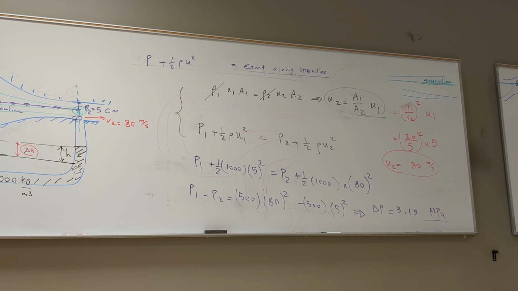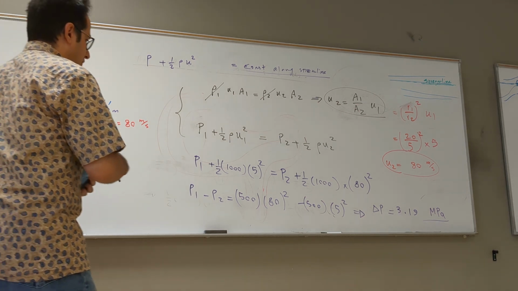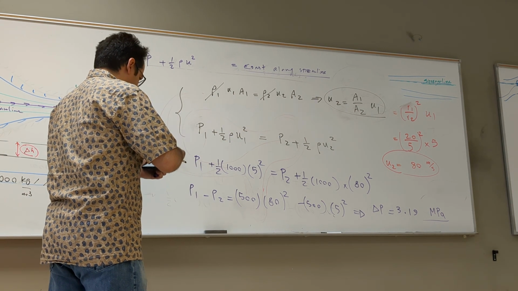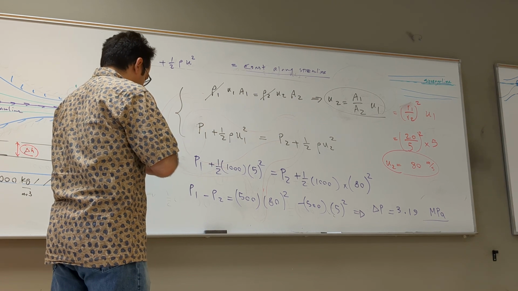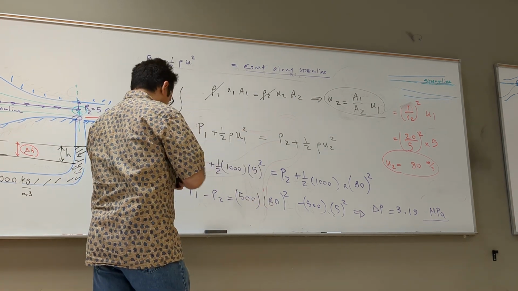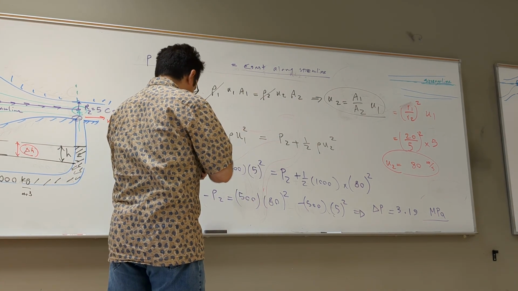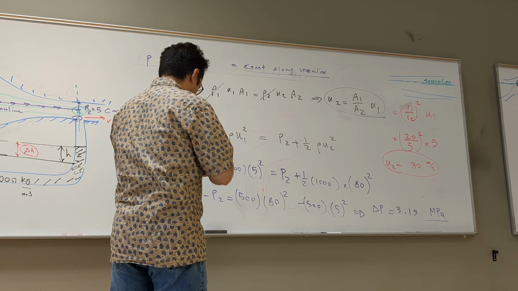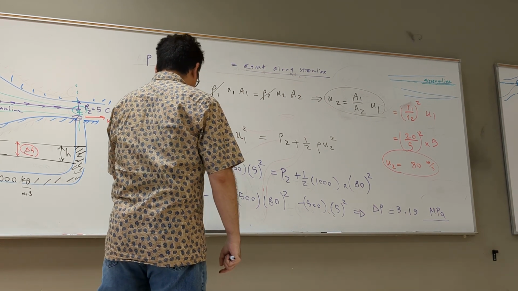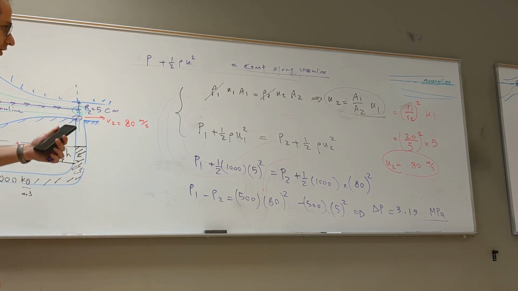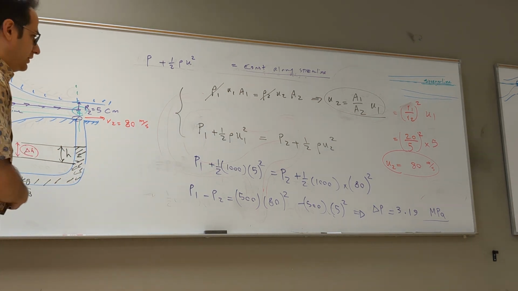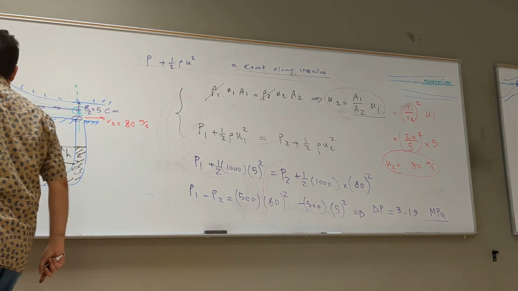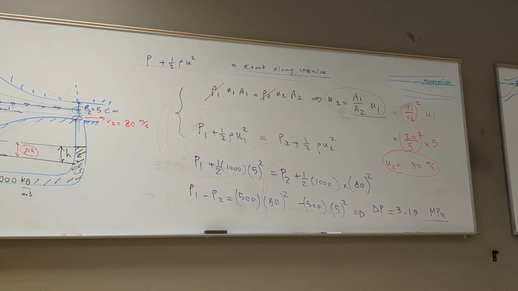So if you do all the calculation correctly, you get 500, you can factor out these two, times 80 squared minus 5 squared, and you get 3.19 megapascal. So the difference in the pressure between here and here is what?